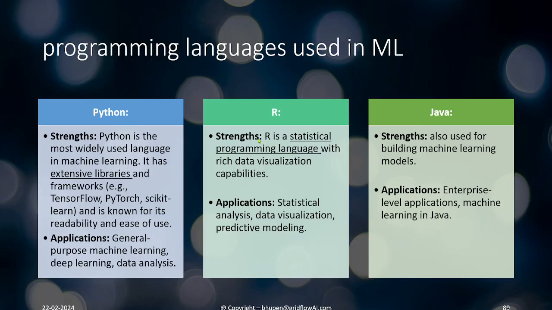Some of the programming languages that are popular: mostly Python is used for machine learning, deep learning, computer vision, and reinforcement learning. For most of the machine learning, we use Python as the language. R is mostly used for statistical purposes. I have mentioned Java, but again, it is not very common to see Java used for machine learning.